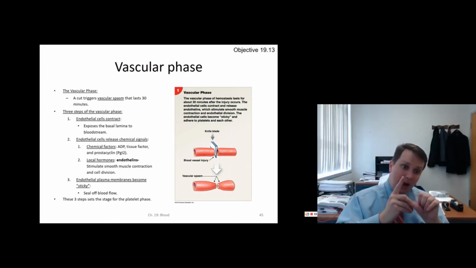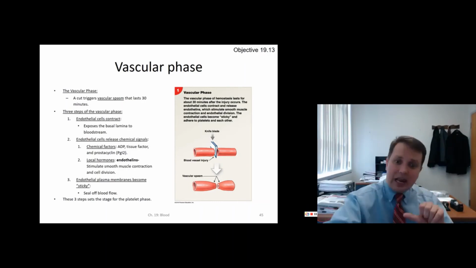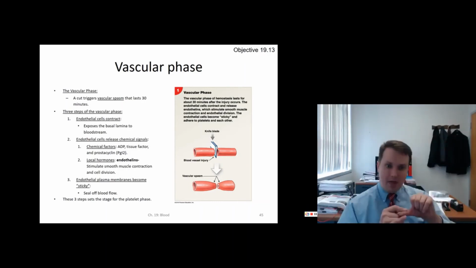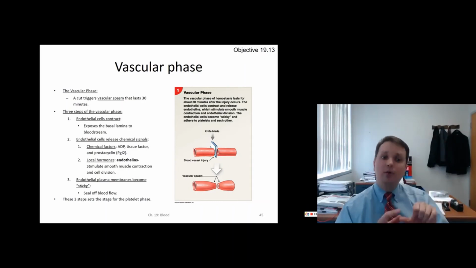Now, the damaged cells that line a blood vessel, called endothelium, release chemical factors. They release adenosine diphosphate, ADP, a tissue factor, and PGI2. These are chemical factors to activate platelets.